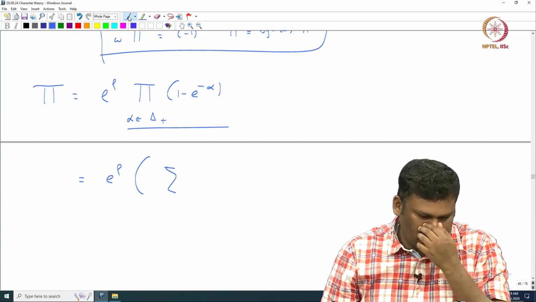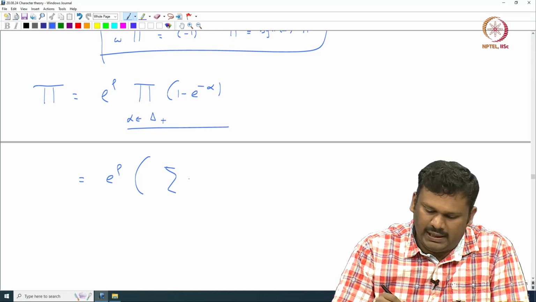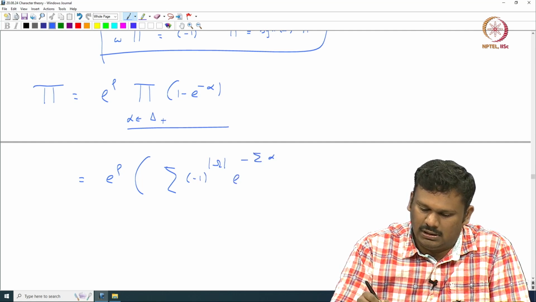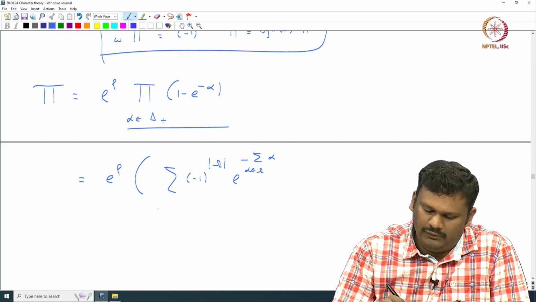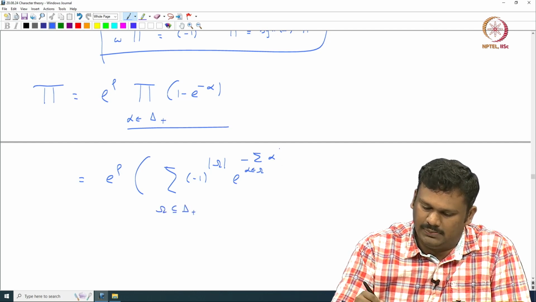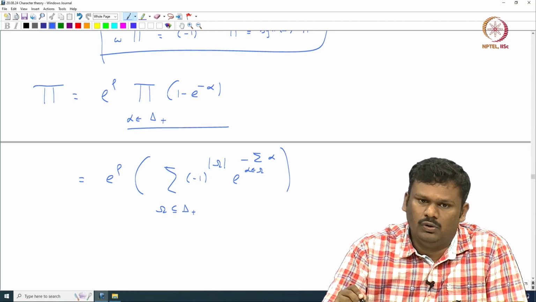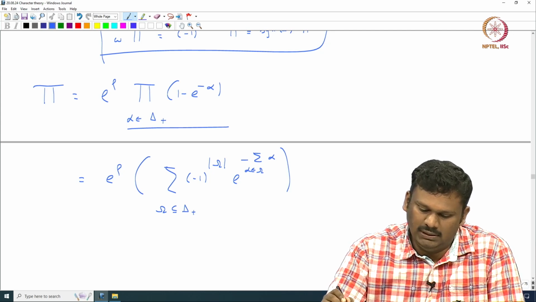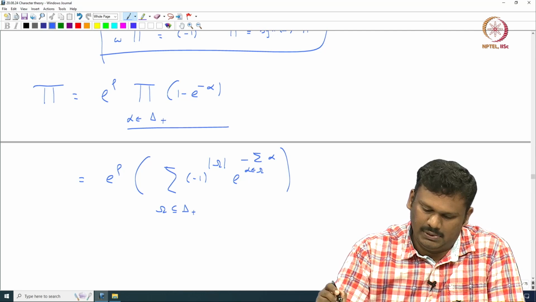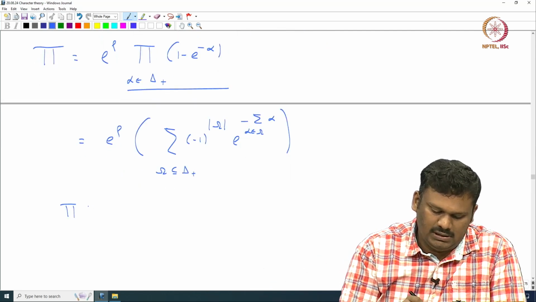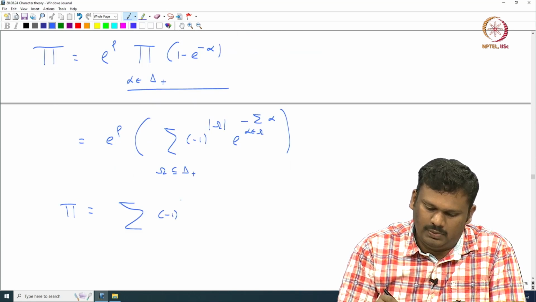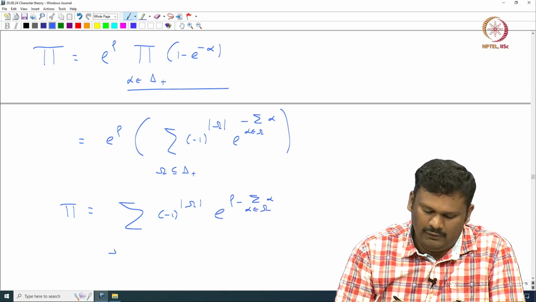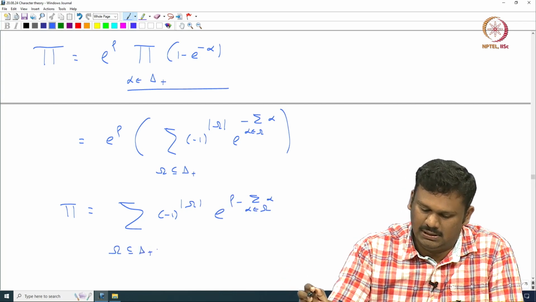So, this is exactly equal to e power rho times minus 1 power the cardinality of omega, e power minus summation alpha, alpha in omega, where omega runs over all possible subsets of delta plus. Basically, omega belongs to the power set of delta plus. When omega is empty, you get that 1, and then the remaining things just add up. So, then this pi is nothing but summation of minus 1 power the cardinality of omega, e power rho minus summation alpha, alpha in omega, where omega comes from the subsets of delta plus.